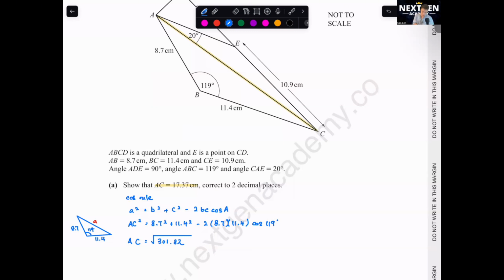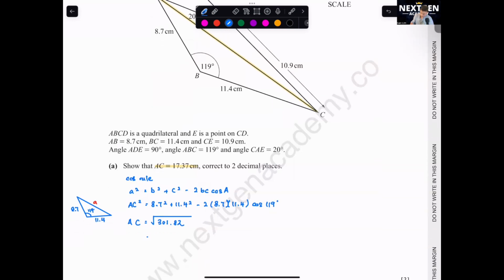I already typed this out, then we square root the value. It's 301.816 something. You put it in the calculator and you would get 17.37. Since they say correct to two decimal places, we write 17.3729, rounded up to 17.37 like this.